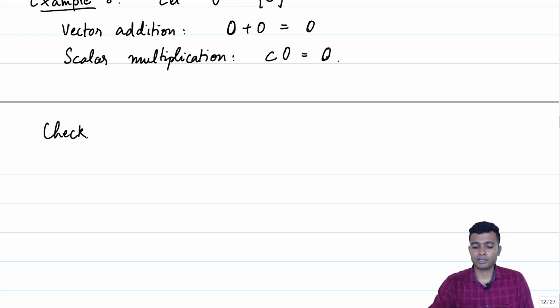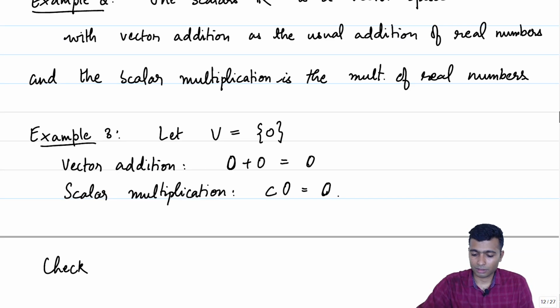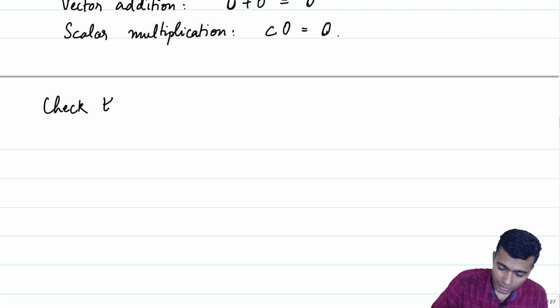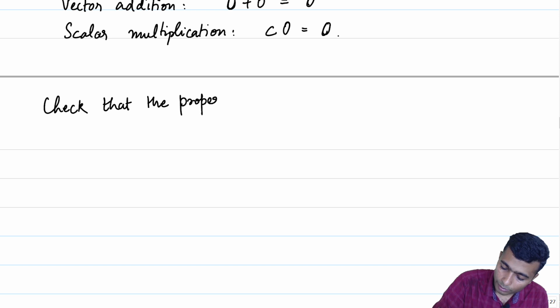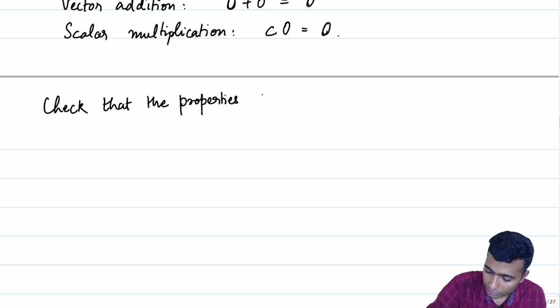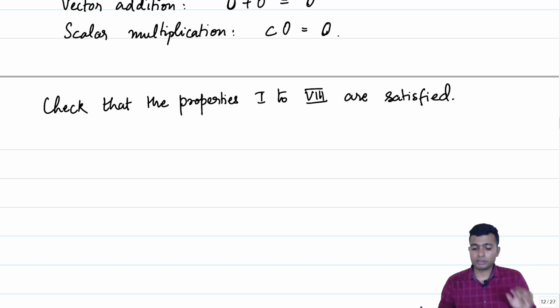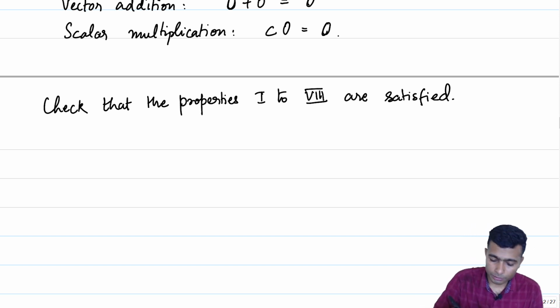So, this is clearly the vector addition and scalar multiplication being written in such a manner to ensure that V is closed under these operations. The properties 1 to 8 are trivially satisfied. This vector space is called the zero vector space.